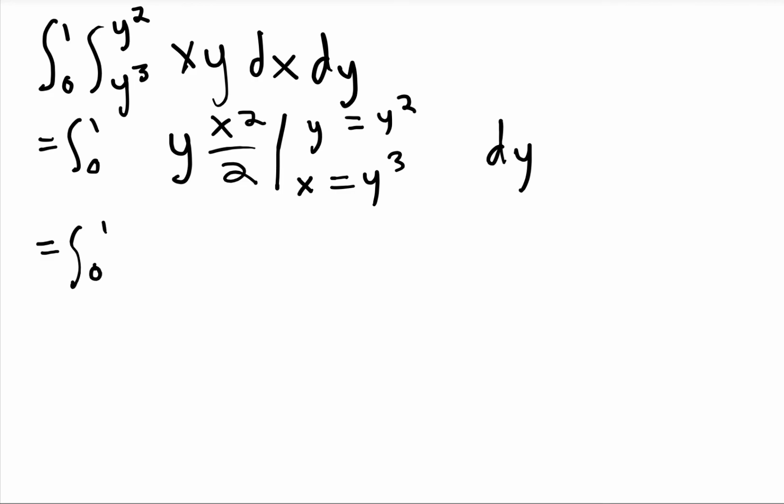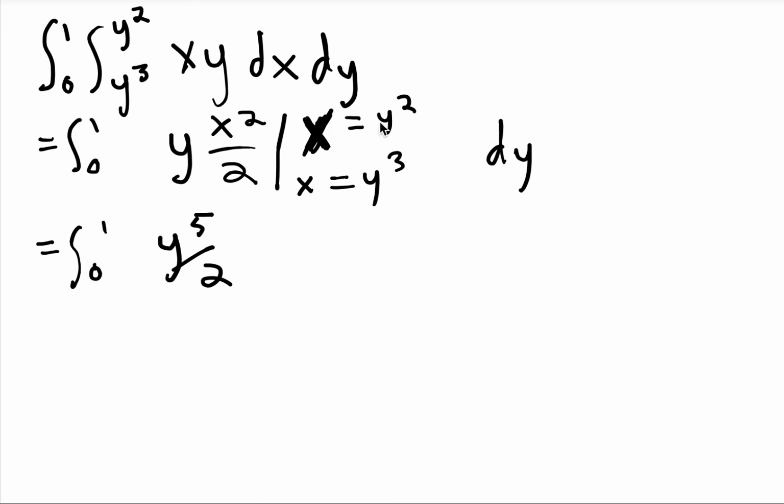So if I plug in y squared to x first, when you square you get a fourth power. That means it's multiplied by y. I should really get a fifth power there.